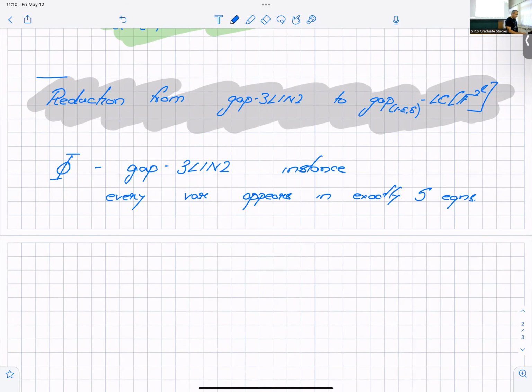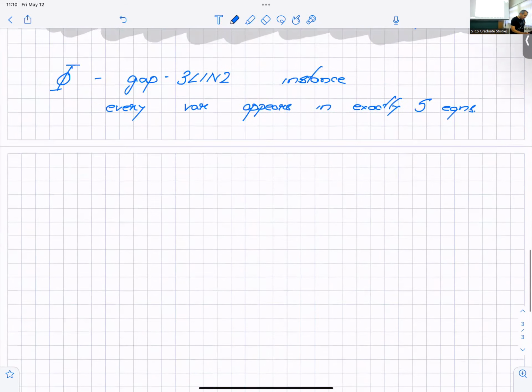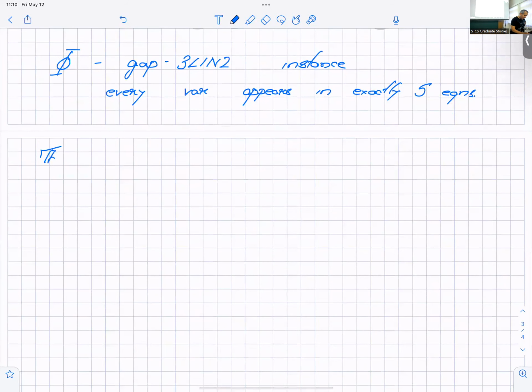And it is a known fact that it is NP-hard to distinguish gap 1 minus epsilon versus 3/4 for 3LIN-2 with each variable in 5 equations.